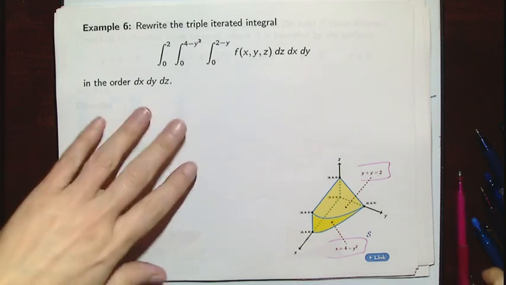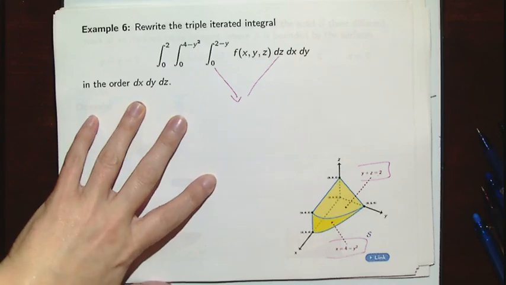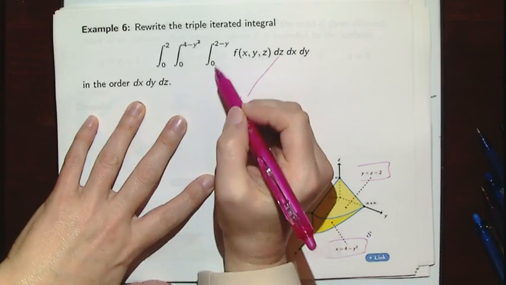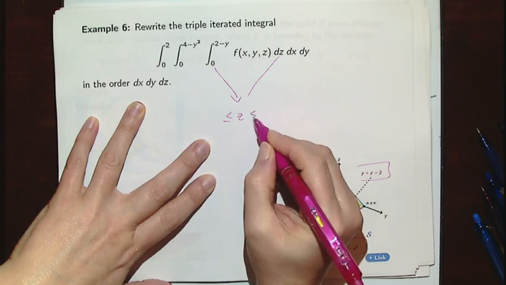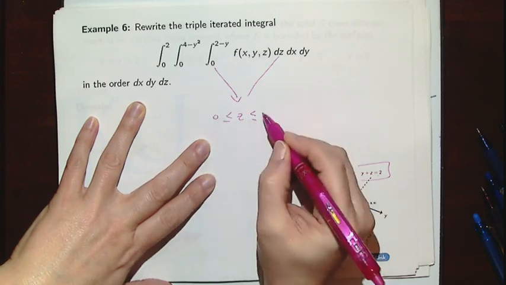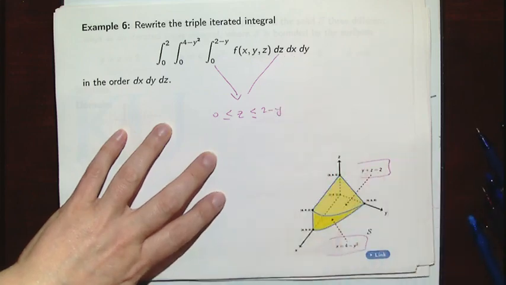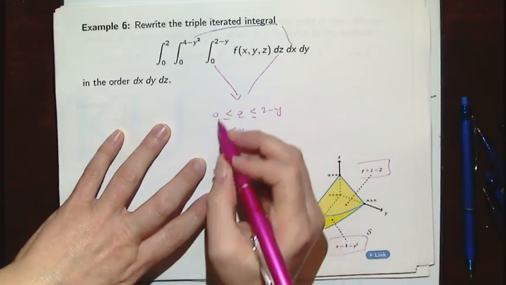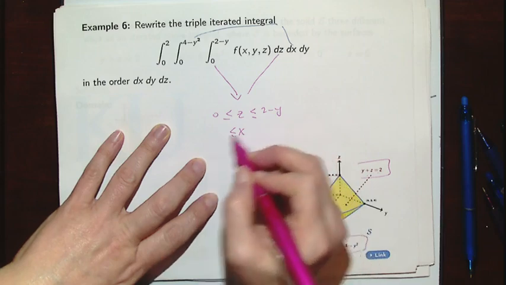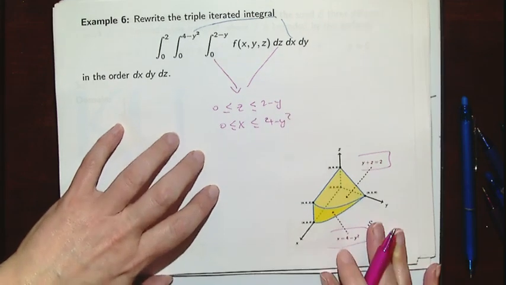So how do I find the inequalities? Can you guys tell this integral is related to z? Z is between what and what? 0 and 2 minus y. Then I have x related to that one. So x is between 0 and 4 minus y squared.